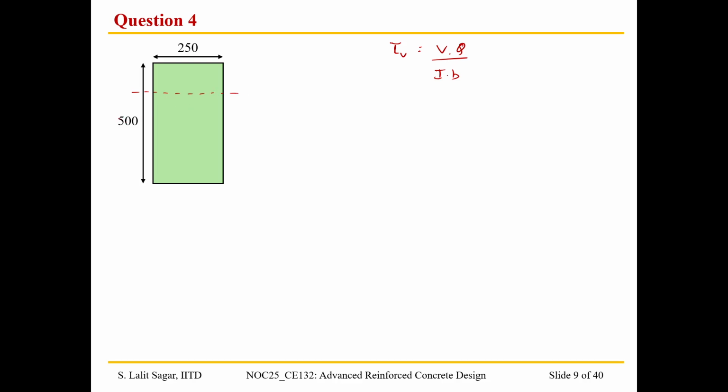This is the neutral axis. So this is 150 mm, and the neutral axis is at a depth of 250 mm. Now V is equal to 400 kilonewton.